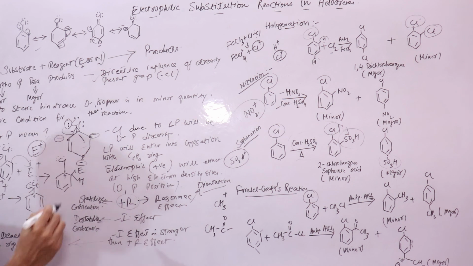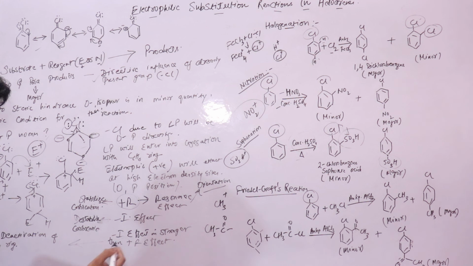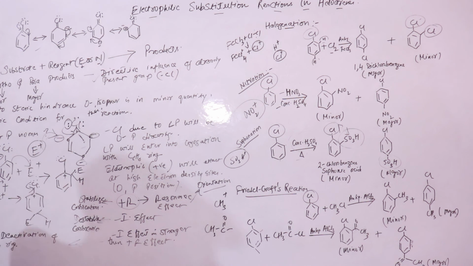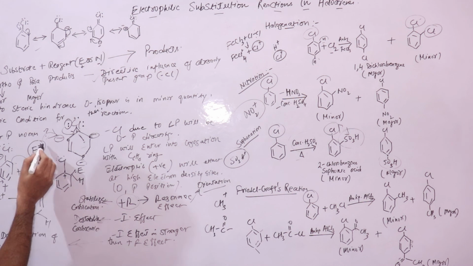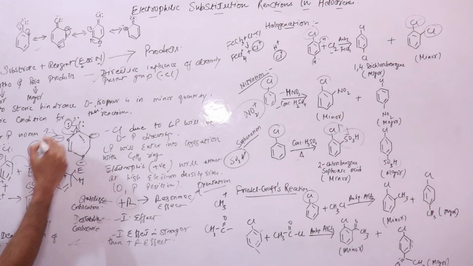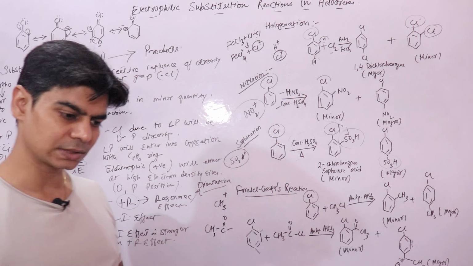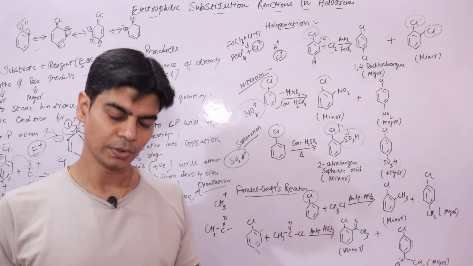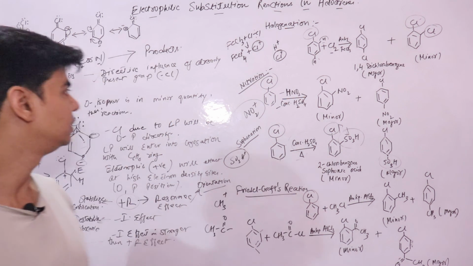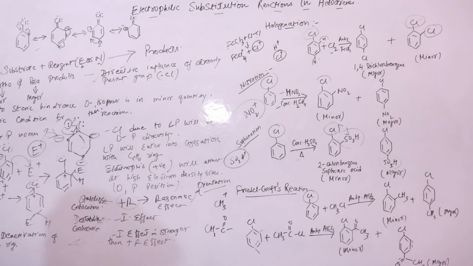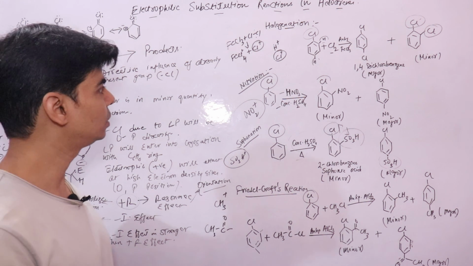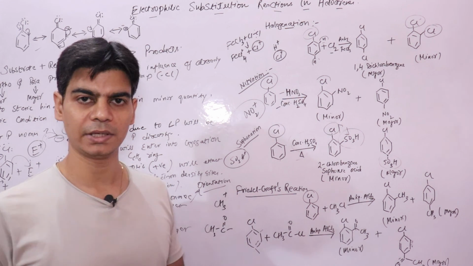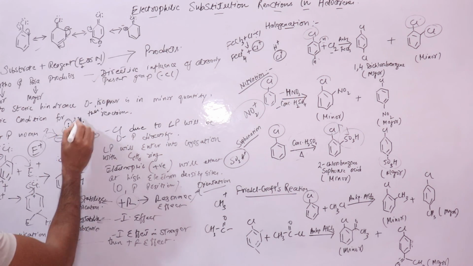Since the ring is now less negative, more positive due to minus I effect, the attack of these electrophiles would become difficult. When we say the attack of electrophile on this ring will become difficult, that means the reaction will slow down. So further electrophilic substitution would be carried out only under drastic conditions because of the deactivating effect of the halogen atom.